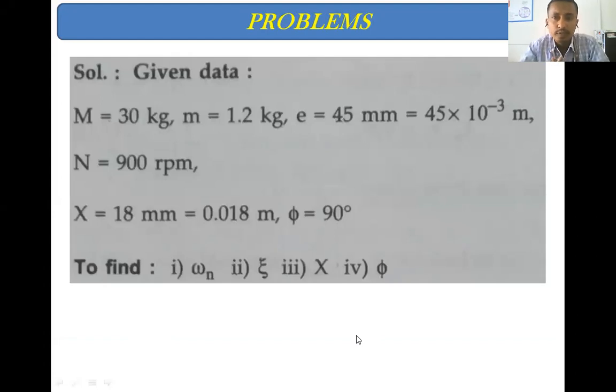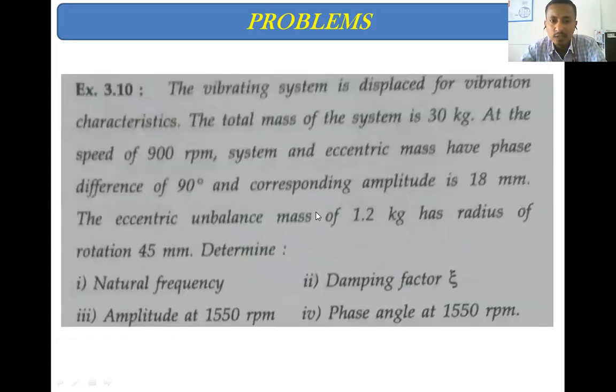First of all, we need to write the given data. Mass is given, it is 30 kg, and eccentric mass is given. Here there are two masses. Total mass of the system is 30 kg.